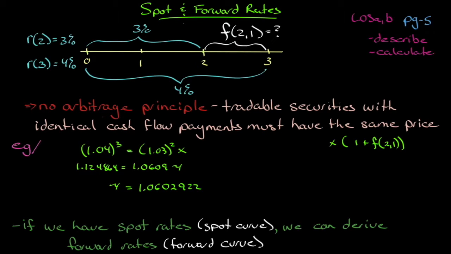1.0602922. I know that x is 1 plus r, so to get my forward rate, which is what I want up here, I just subtract 1, and I get 6.02922%.